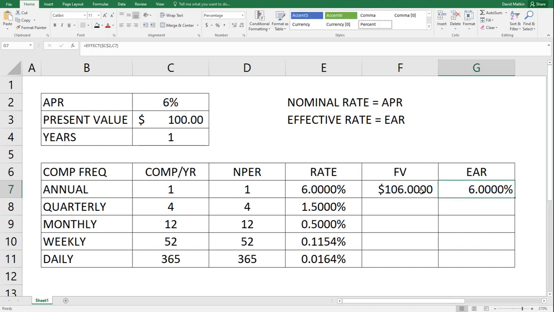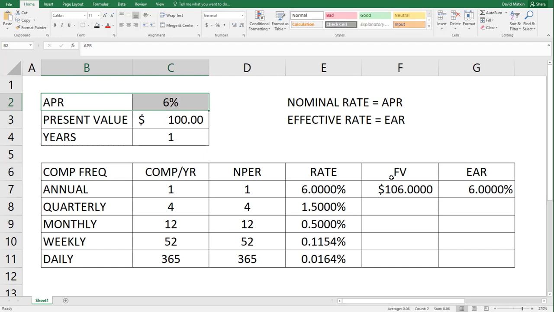We could say that's the effective growth of the dollar is 6%. So it's not defined by the APR 6%. The APR gets transformed by dividing it by 1 and then applying one event of compounding to it, and therefore it stays at 6% of having a 6% effect. So that might not make quite as much sense when we are dealing with annual, but let's drop down to quarterly.